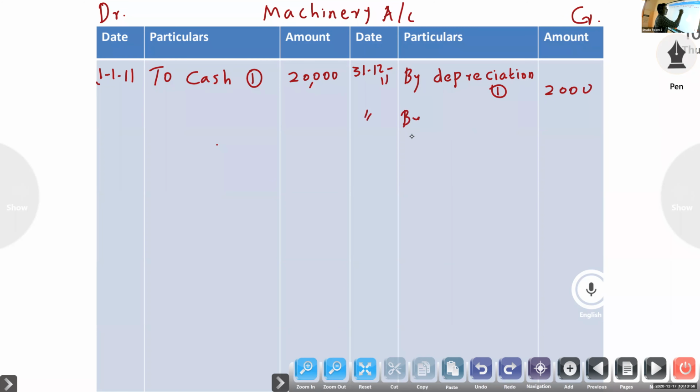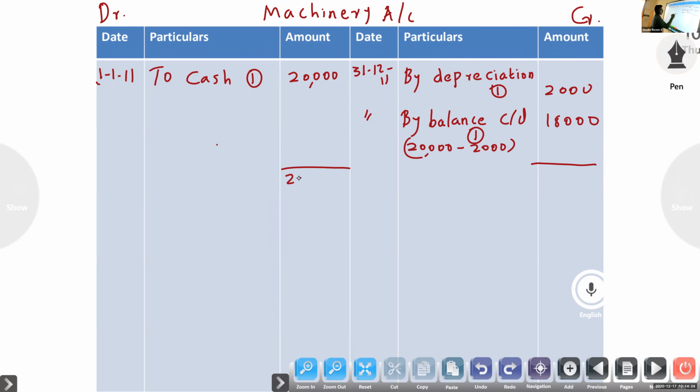Then the closing date, by balance carry down 1. We know 20,000 minus machinery depreciation, so 18,000. Otherwise balance. So debit side total you have to write 20,000.